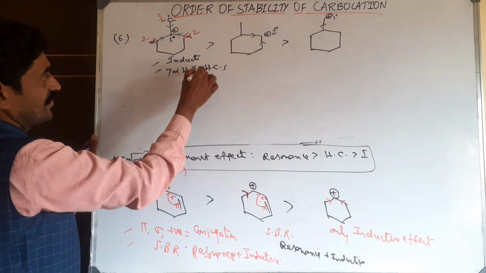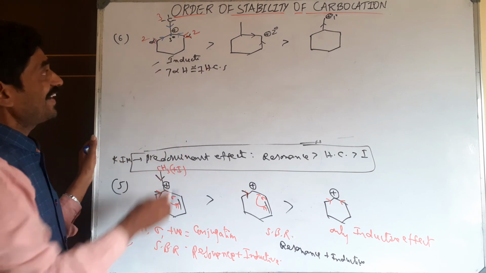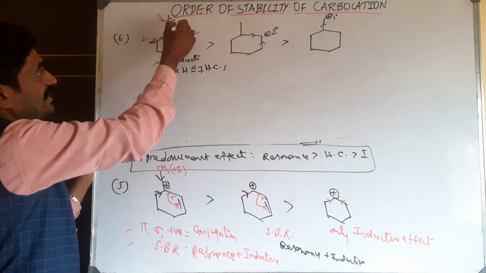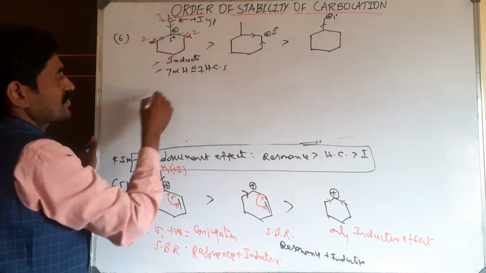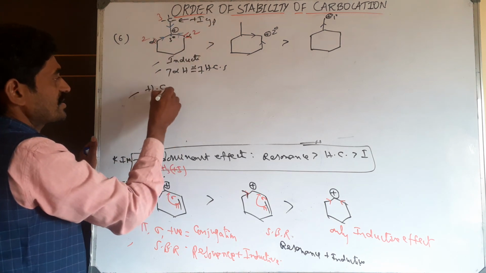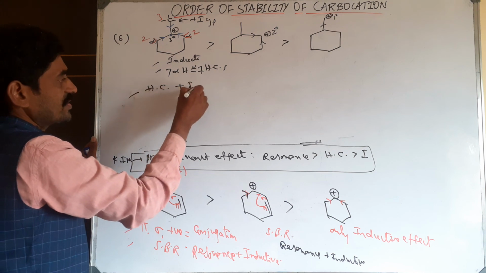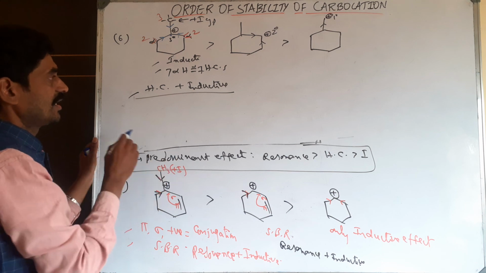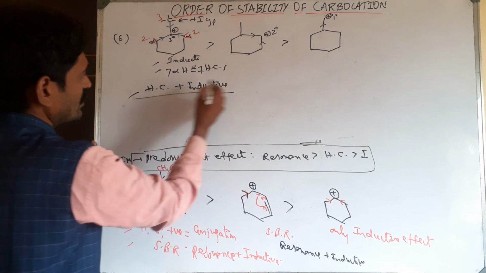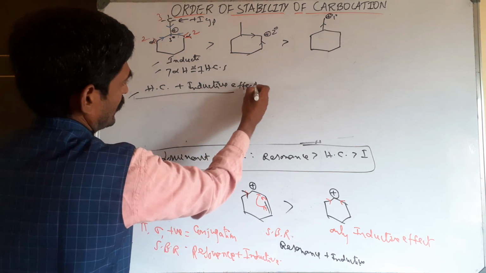You will get 7 hyperconjugated structures. And that too, this is a methyl group, which is responsible for the plus inductive effect. So that's why hyperconjugation effectively takes place, and the negative effect also takes place. It is stabilized by both these effects, both hyperconjugation and the negative effect, right?